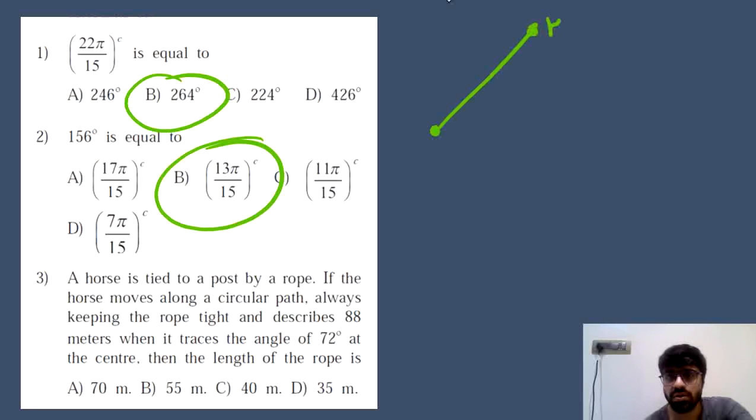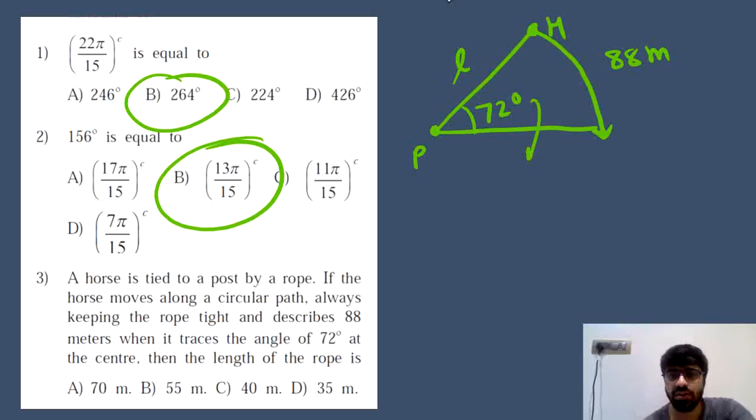So here's the horse, here's the post. The length of the rope is, okay, it's not given to us, let's take it as L, and the horse is describing an angle of 72 degrees. So let's say it moves from here to here, and in doing so it is describing an angle of 72 degrees and a path length of 88 meters. So you need the length of arc.